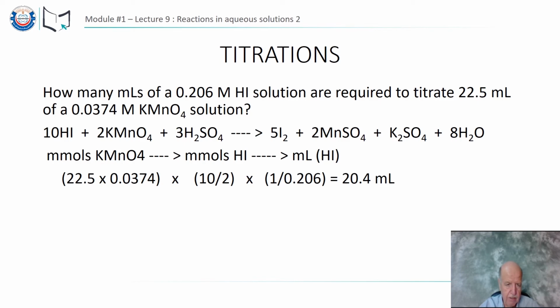So now I have millimoles HI. If I need the volume, I divide by the molarity. If I need the molarity, I divide by the volume. He is asking me here for the volume. So I divide by the molarity of 0.206. It's 20.4 mL.